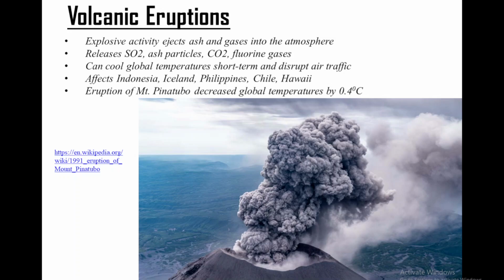Large eruptions, such as that of Mount Pinatubo, which was the second largest volcanic eruption of the 20th century and occurred in 1991, have significantly disrupted aviation and regional climate patterns.